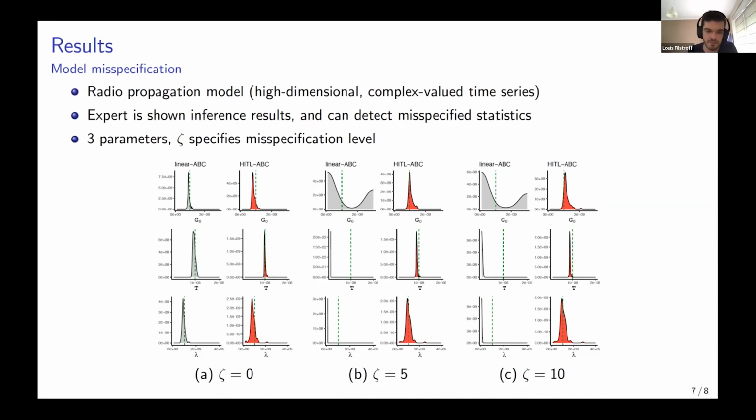So that's on the left, panel A. And in this case, the performance of standard ABC and human in the loop ABC is the same, but as the misspecification increases, so you go to panel B and panel C, then the performance of the classical ABC quickly degrades, whereas our human in the loop ABC remains relatively robust to this misspecification. And that's because the human expert has been brought in and was able to detect this misspecification.